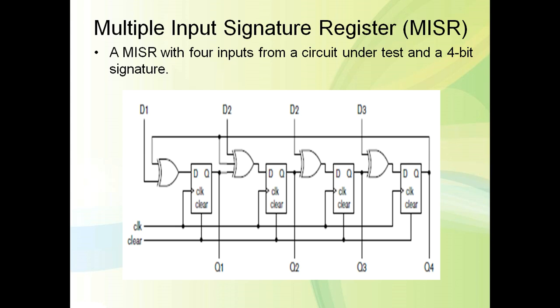If the comparison of both responses matches, then the circuit under test is working okay, otherwise the circuit is faulty. This is the simple technique used, the multiple input signature register.